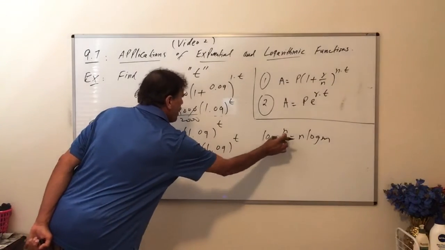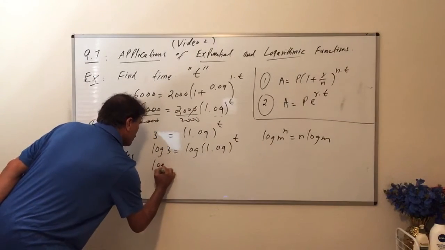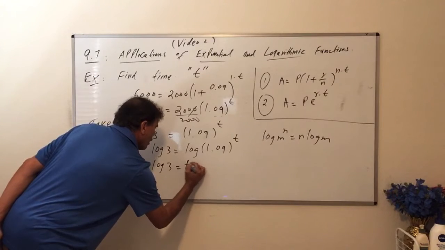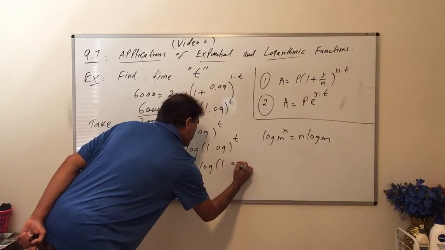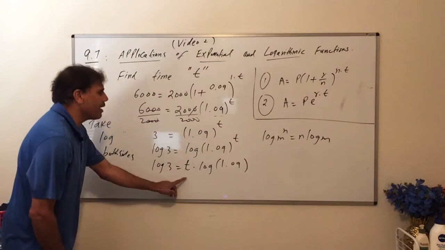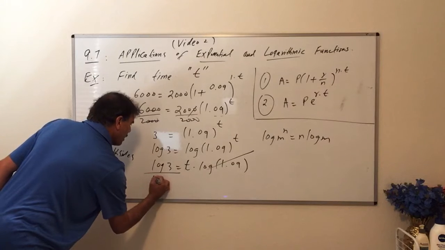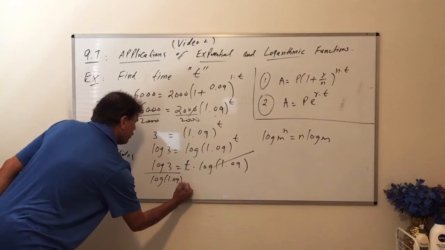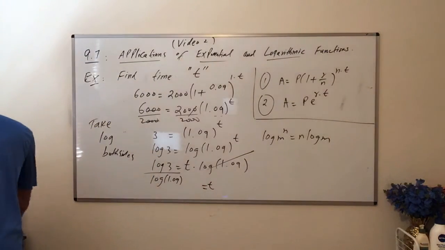1.09 to the t. If its power is t, then t is going to go down. So log 3 equals t times log of 1.09. To make t by itself, you divide both sides by log of 1.09. Using the calculator, I can finish this one for you.